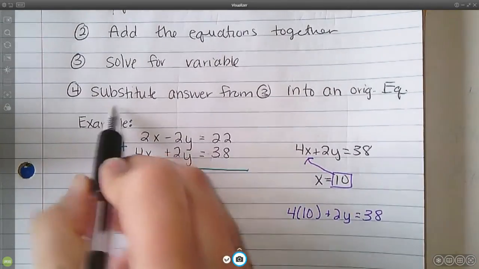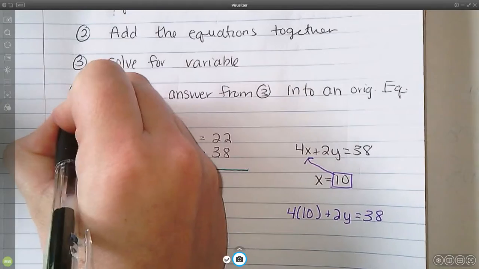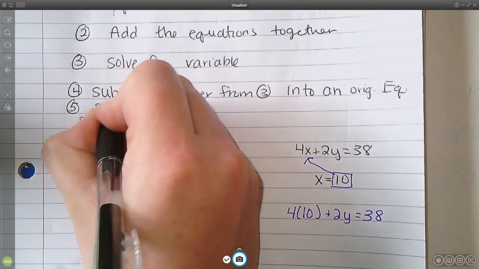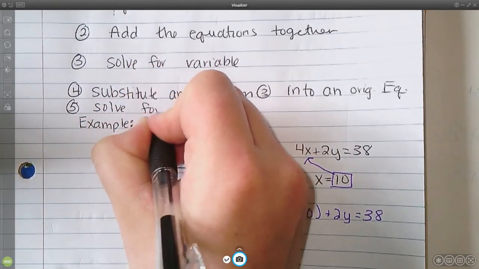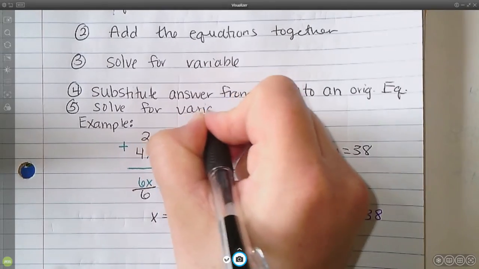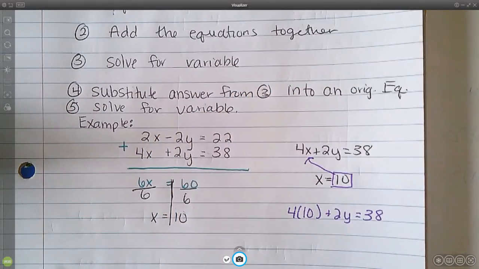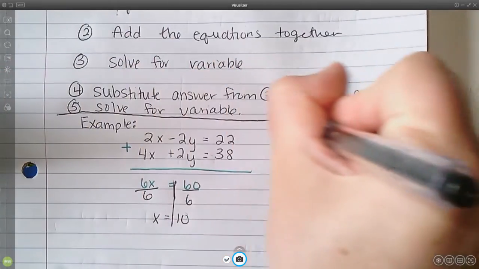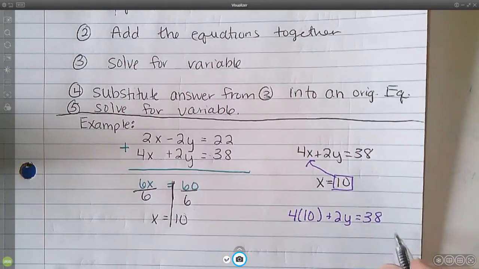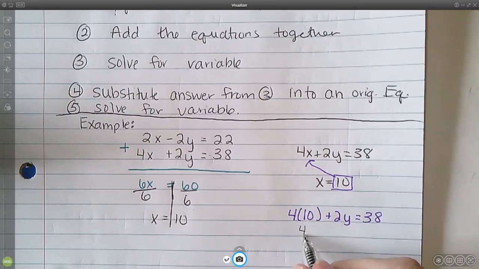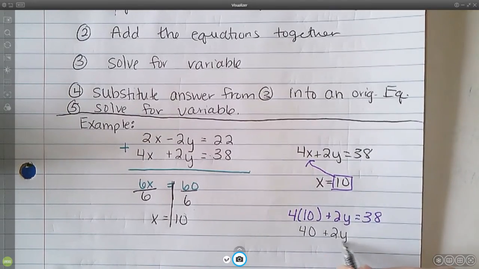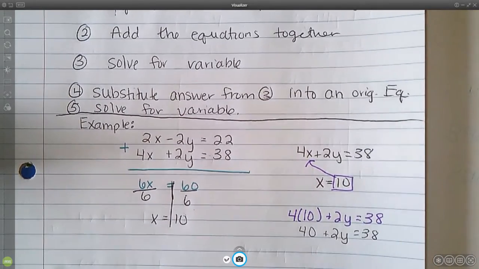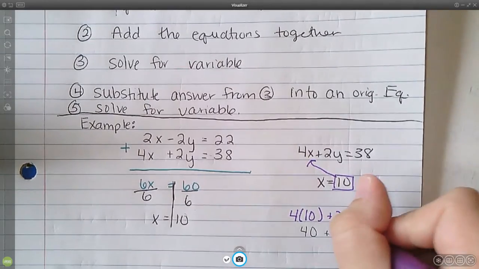All right, so I substituted, and then step 5 is going to be solve for variable. So let's see, 4 times 10 is 40 plus 2y equals 38. We're going to draw this line.